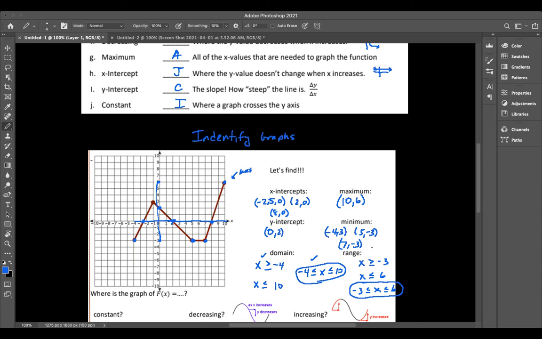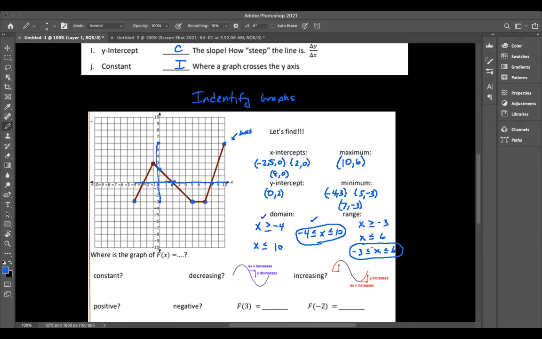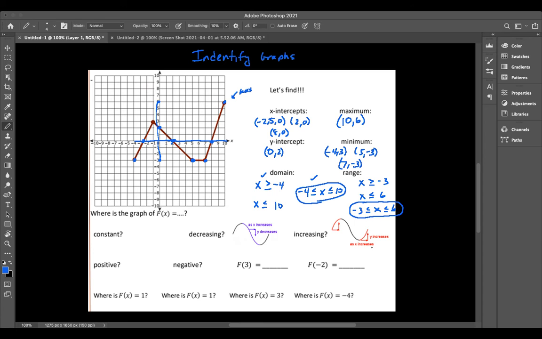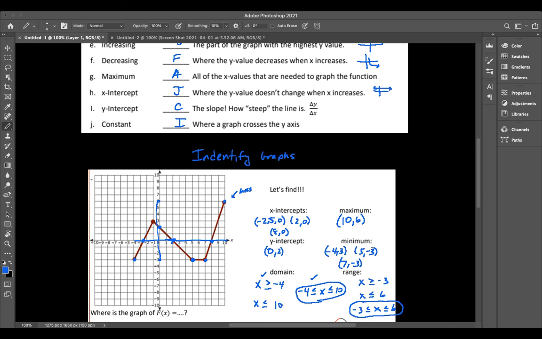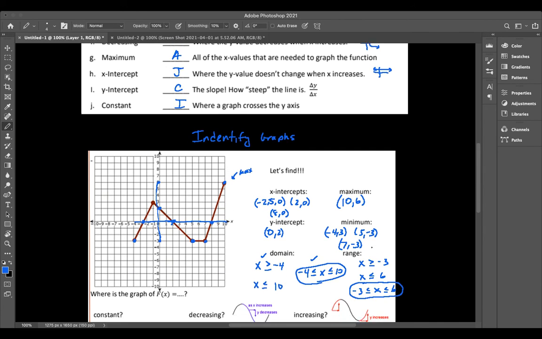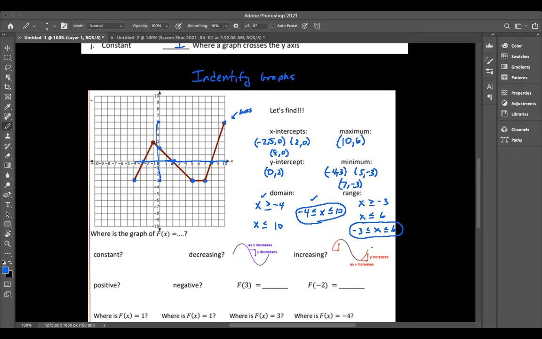All right, so let's look at some more points on this graph here. It says, where's the constant? What's the constant in this graph? Constant is where the y value doesn't change and x increases. So that's what constant means. If you look at it here, where is our constant point when the y value does not change?